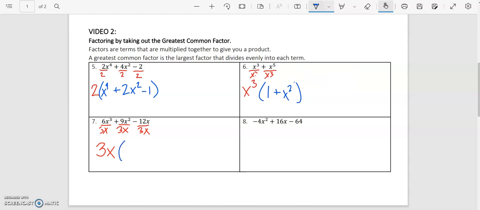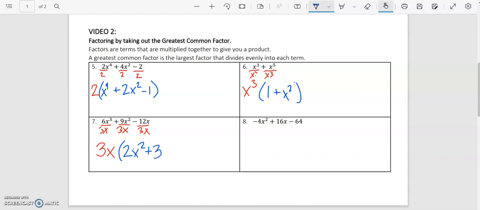Now when we divide these, we divide our numbers and then our variables. So 6 divided by 3 gives us 2. And then x cubed divided by x, think of it as you're taking an x away. So x cubed divided by x is going to give us x squared. Moving to the second term, 9x squared divided by 3x. 9 divided by 3 gives us 3.